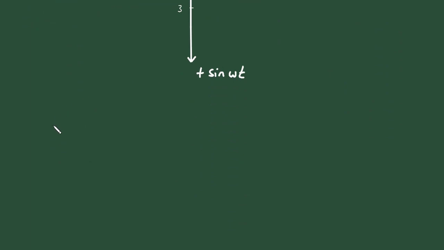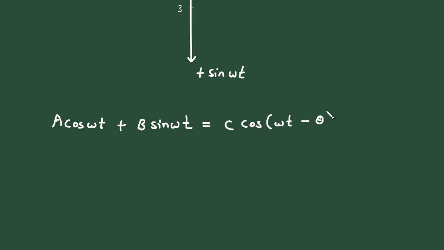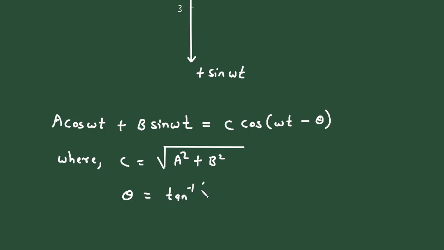We know that A cos omega t plus B sin omega t is equal to C cos of omega t minus theta, where C is equal to under root of A square plus B square and theta is equal to tan inverse of B by A.